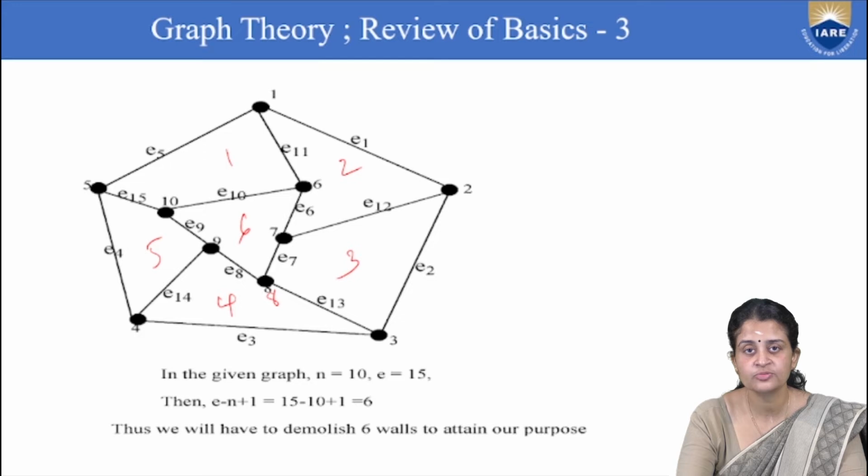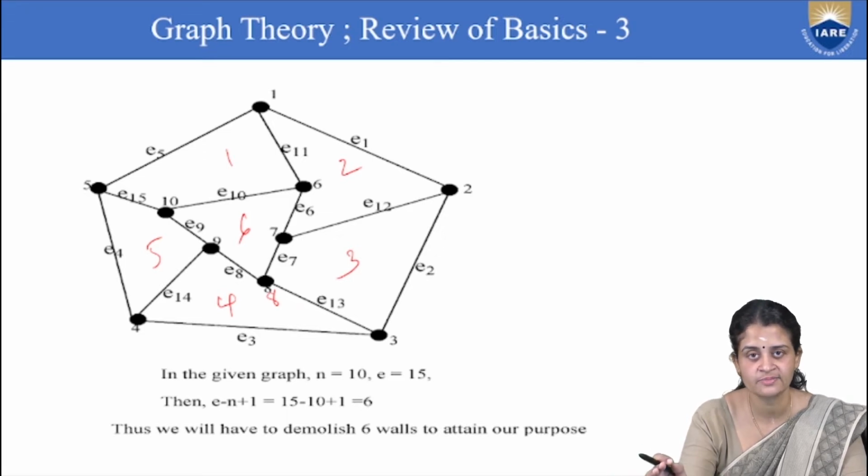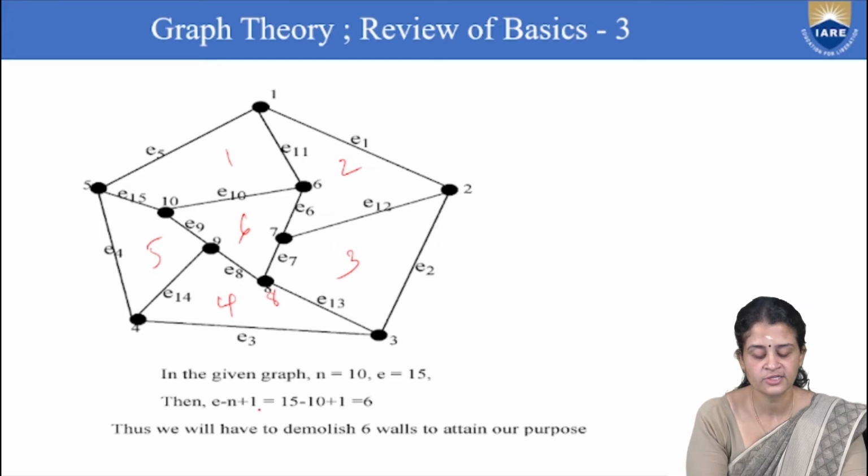And edges that have to be removed means we have to find the chords, because we are using this spanning tree concept here. We have to find the number of chords that has to be removed, and that is E minus N plus 1, which is equal to 15 minus 10 plus 1 equal to 6.